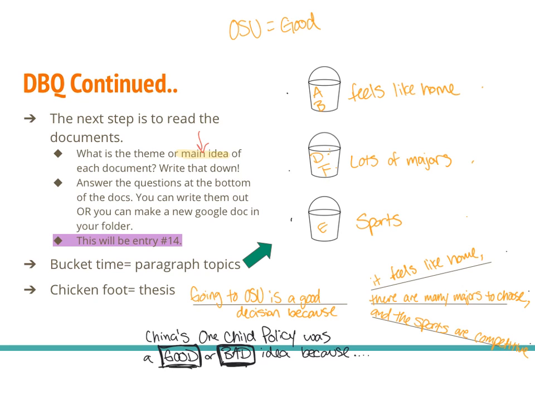So we will be working on this DBQ for 3 full class periods. Hopefully we will get to this stopping point on Monday, Tuesday. That way the next day in class can be spent working on writing all of our paragraphs out. I'll give you an outline later next week. And then the last day can be spent for editing and submitting and all of that stuff, okay? So that's the plan. Let me know if you have questions.